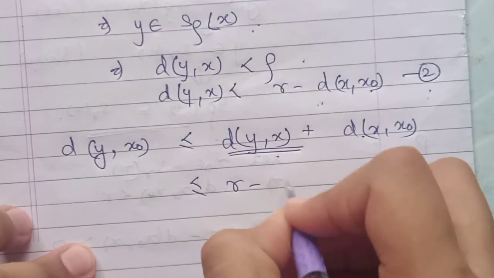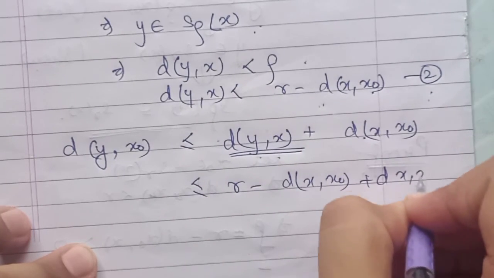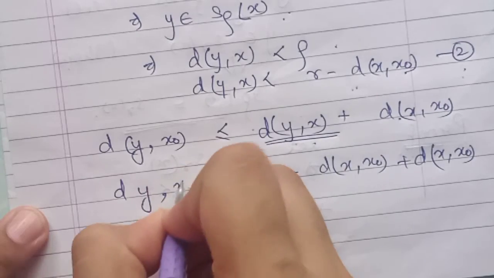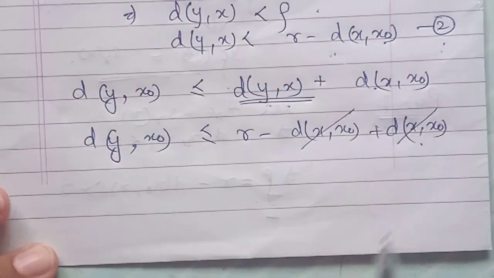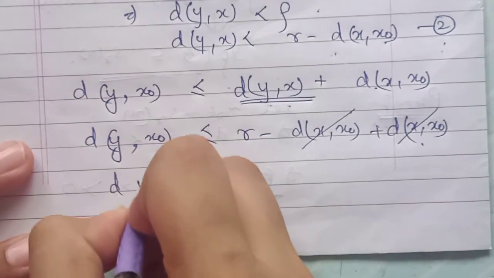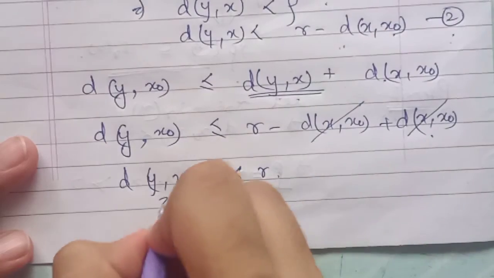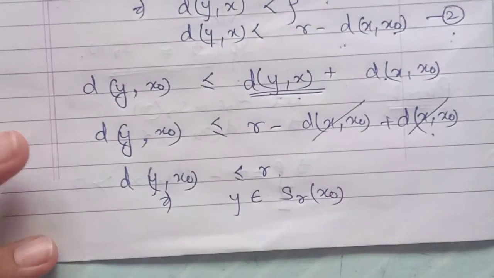It is R minus the distance between X and X0, plus the distance between X and X0. And here we have the distance between Y and X0. So these two terms get cancelled. What we get is the distance between Y and X0 is less than R. That implies Y is an element of S_R(X0).